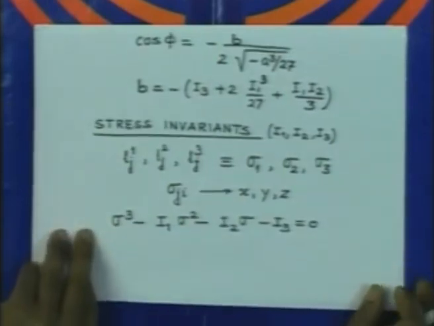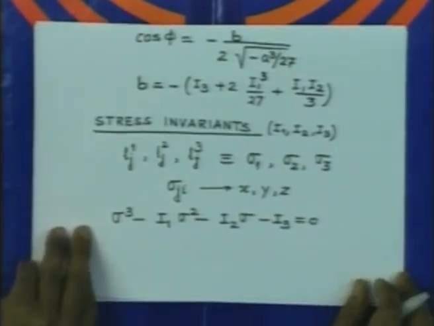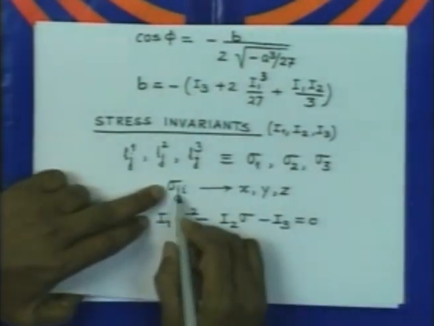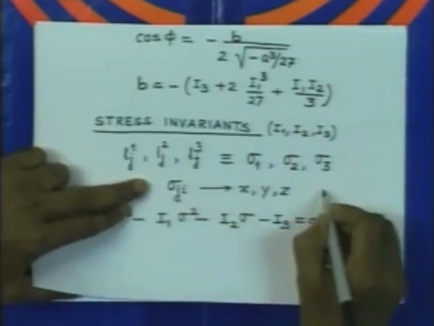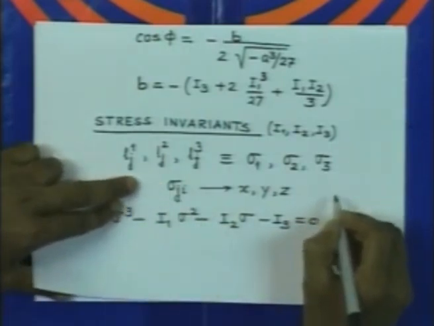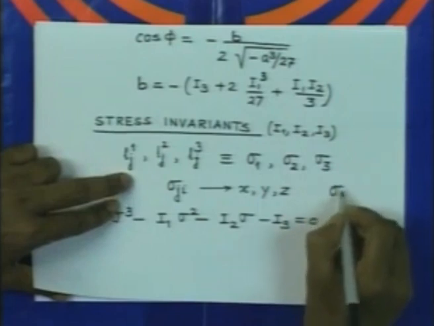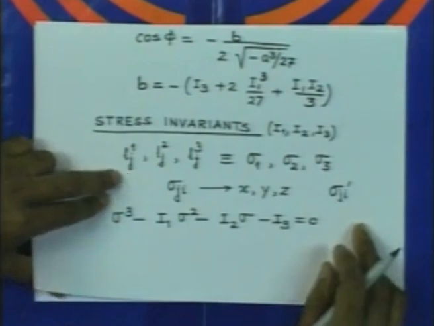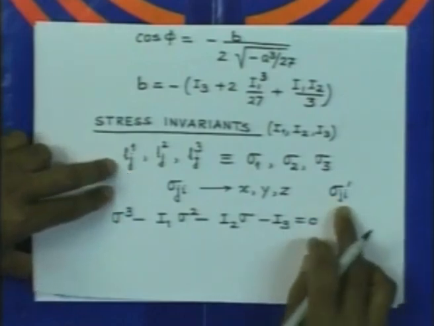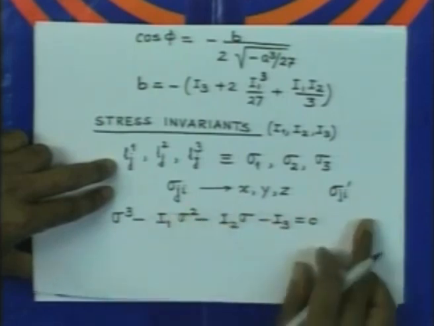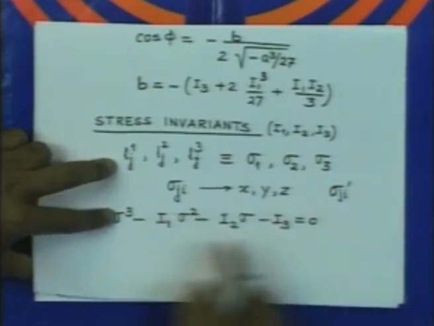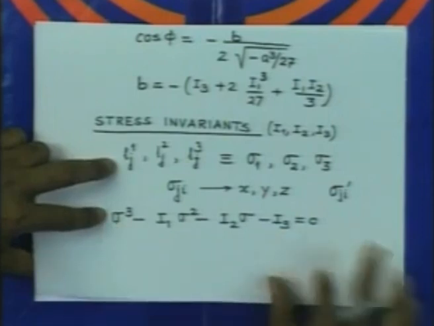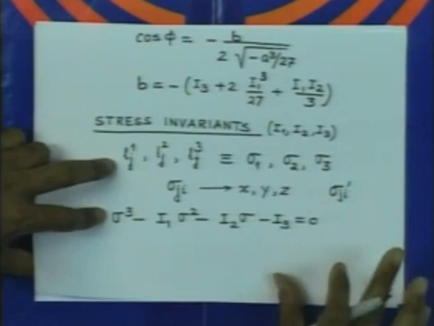If two persons are selecting two different coordinates, one person is probably going to have values of sigma ji, and for another person it may have values sigma ji dash, but these two situations must lead to an equation in sigma which should not depend on the coordinates.